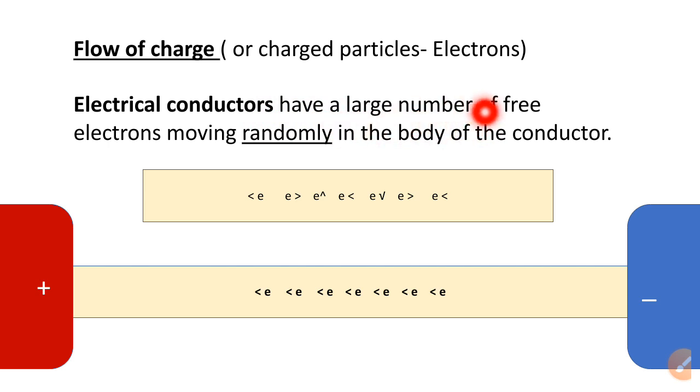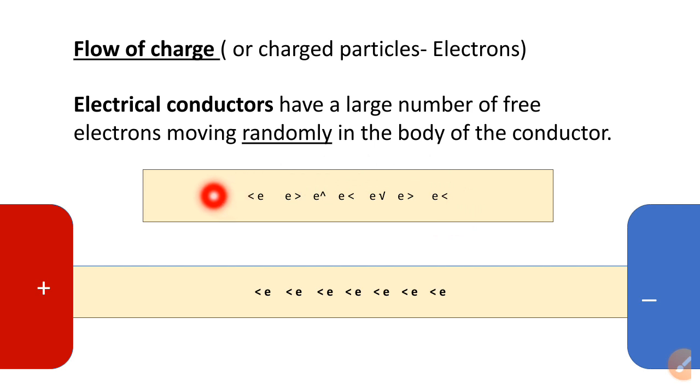Those electrons move randomly in the body of the conductor. See, this is the body of the conductor, and here you can see the electrons, and the arrows show the random motion of the electrons. The motion of the electrons is not definite; they are randomly moving around the body of the conductor.